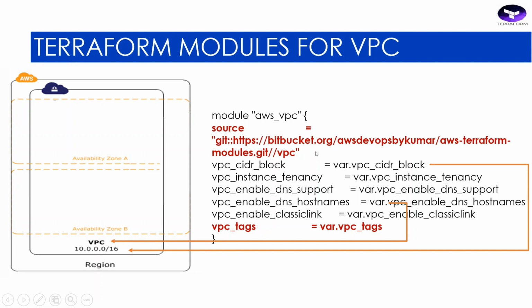The advantage of using Bitbucket is that your code will be in the source repository, and any number of other team members or projects can use the same module, which is the DRY concept, and implement it with its help. So we are going to create the same VPC, but the source is now different.